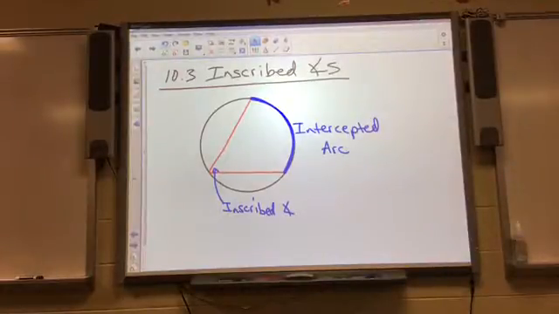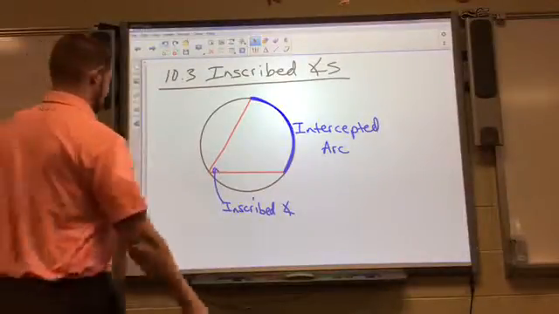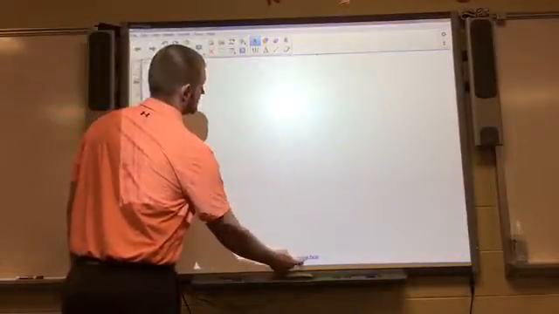Okay. First thing we have really is a theorem. It's called the measure of an inscribed angle.